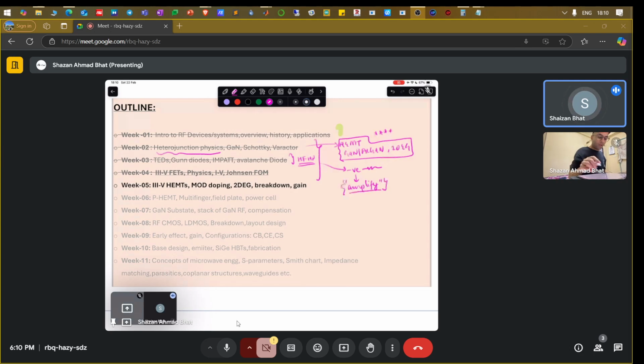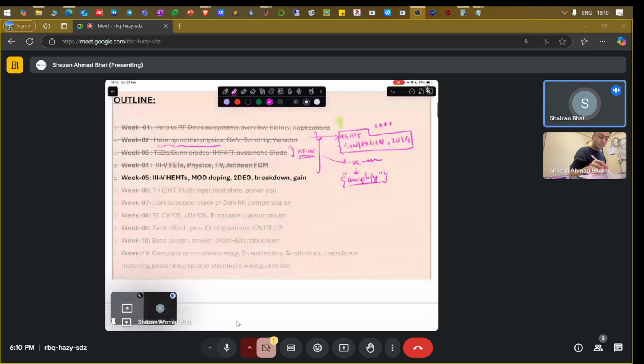Okay, now in the last section we talked about some III-V FETs, particularly something called MESFETs, which is GaAs based MESFET, which looks something like this. You have an n-doped gallium arsenide, let's say, and you have a gate, you have a source, you have a drain, and then you have modulation of the channel.